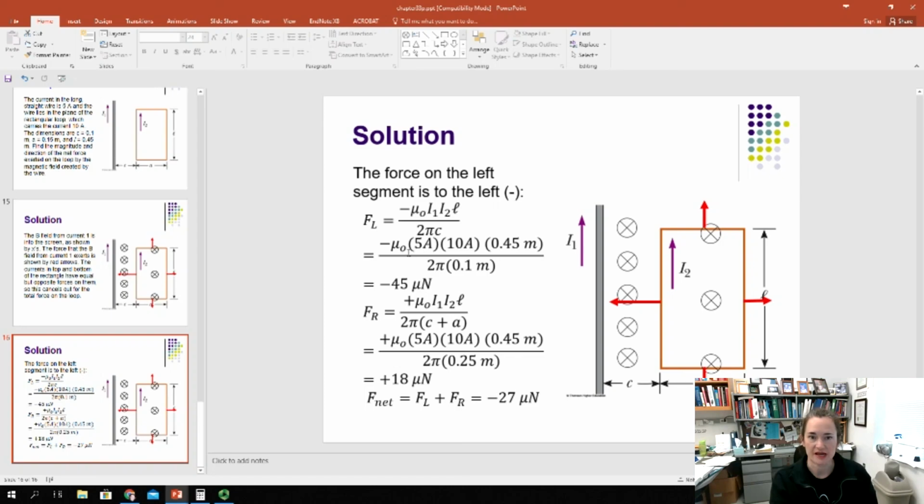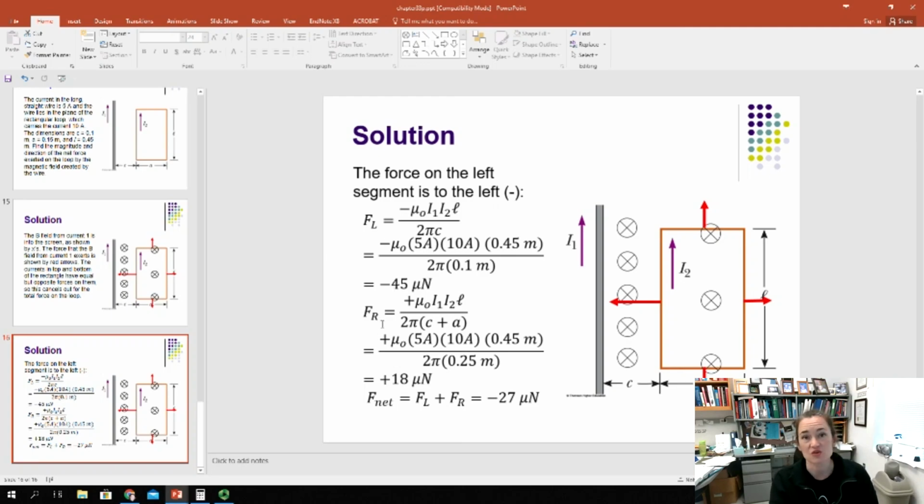Plugging in numbers for that, I have mu naught, which is 4 pi times 10 to the minus 7, times 5 amps times 10 amps, times 0.45 meters, that's L, and then divided by 2 pi times 0.1 meters, that's C. That gives me negative 45 micronewtons. Remember, the negative sign just means to the left.